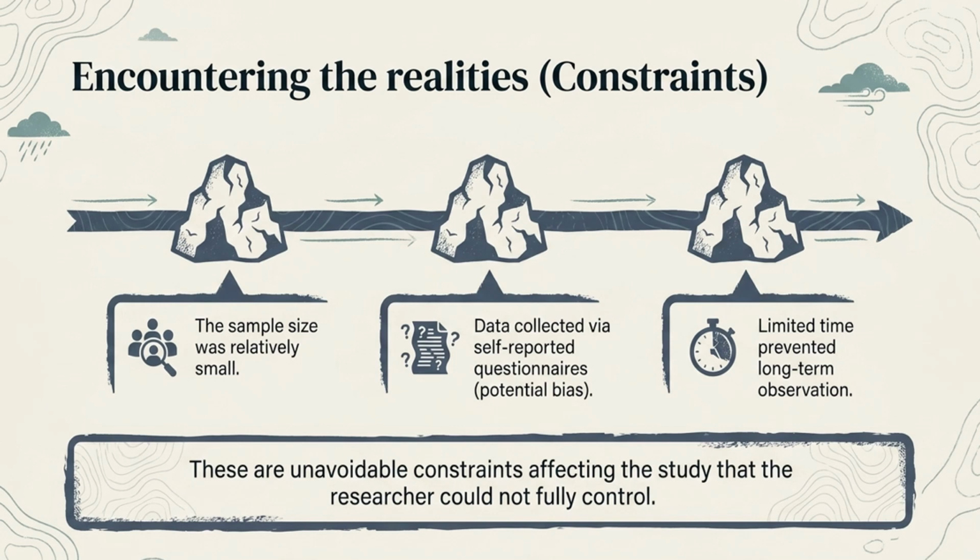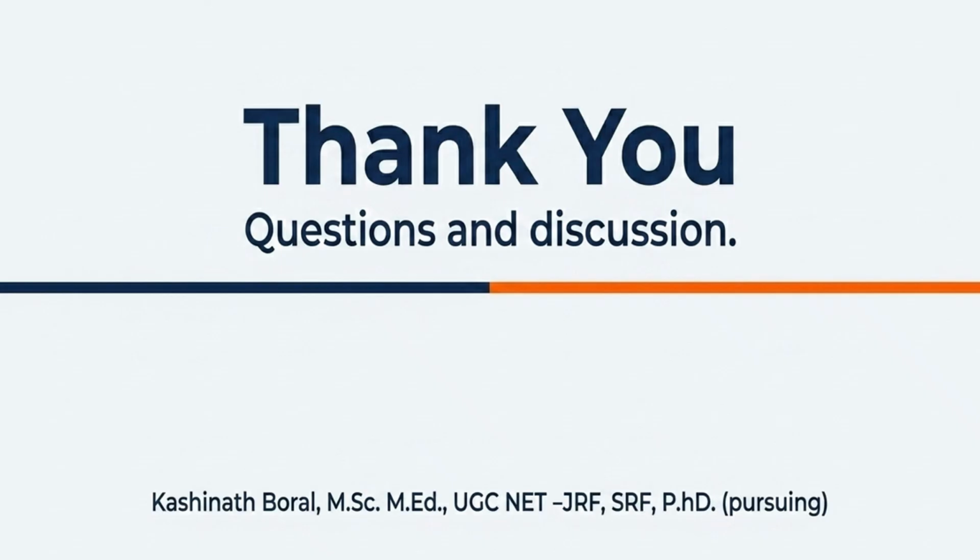The researcher cannot extend the duration and must complete the research within the available time. The time constraint is also a limitation. Therefore, factors such as participant non-cooperation, limited time, insufficient funds, or restricted access to data are examples of limitation because they are unavoidable constraints faced during the research process.